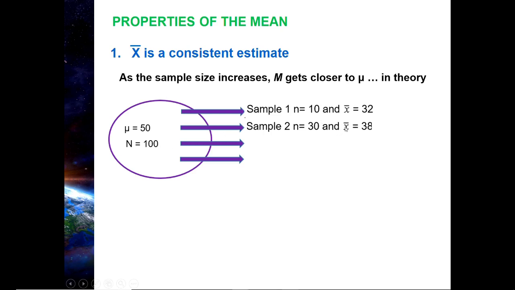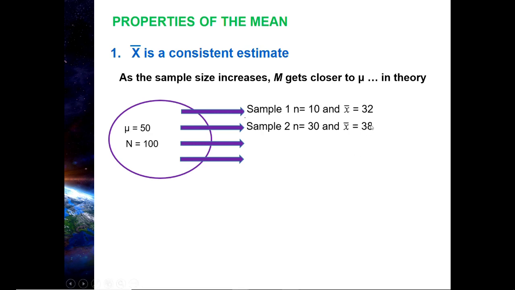And we calculate X bar for this sample size, and it's 38. Now, in theory, when we take a larger sample size, we should get a mean that is closer to the mean of the population. And in fact, this time, instead of being 18 points off, we're only 12 points off.